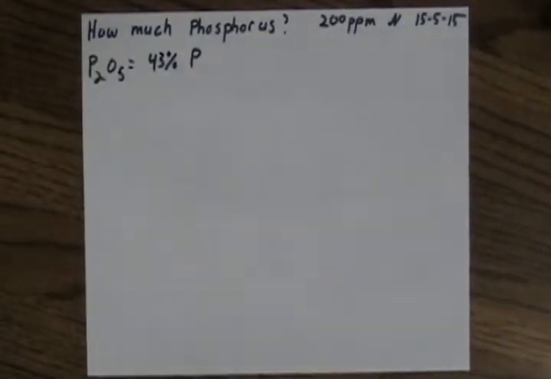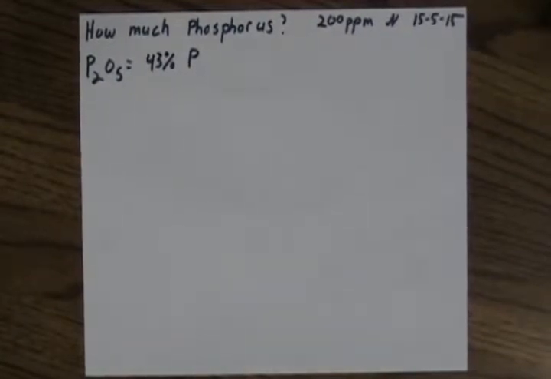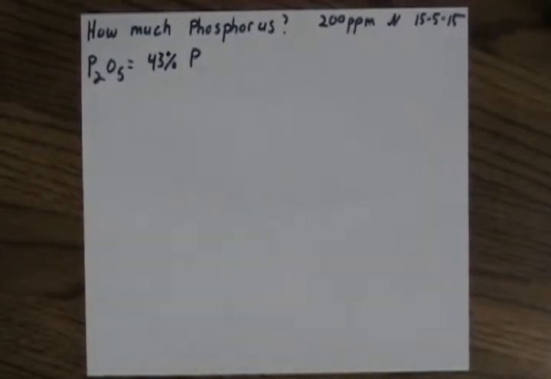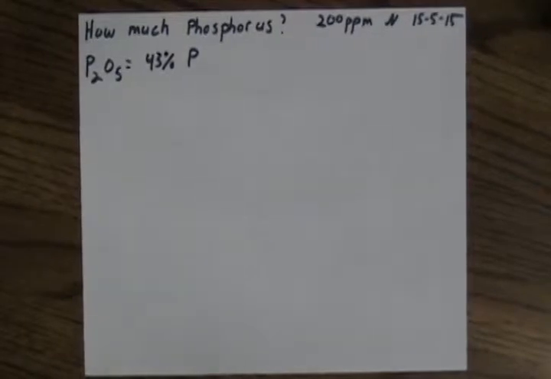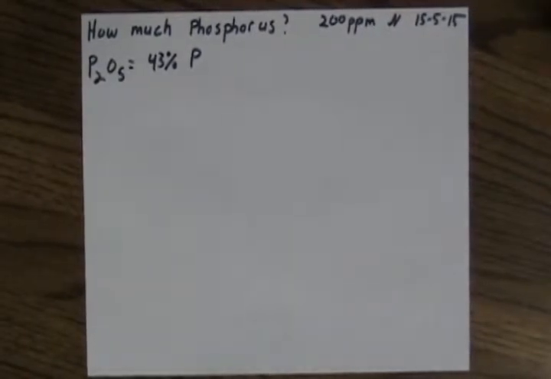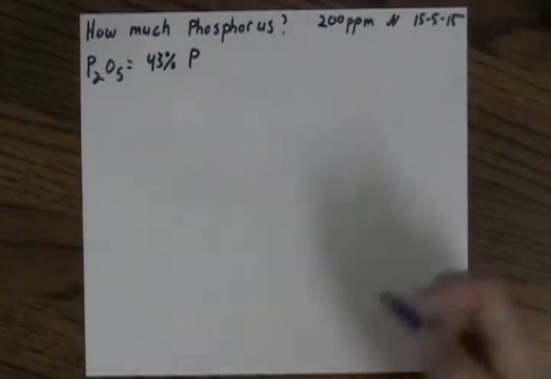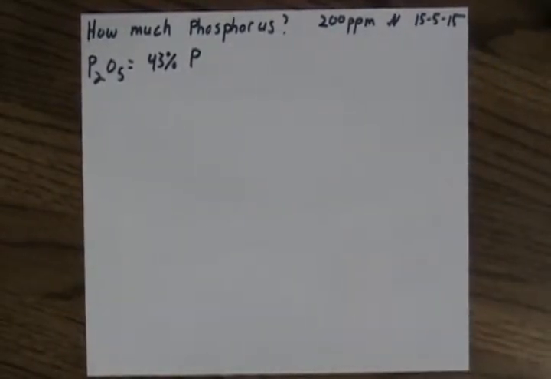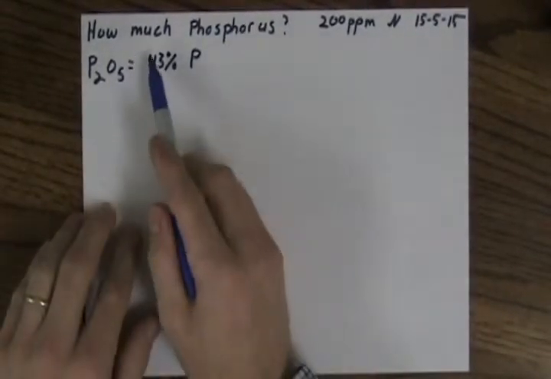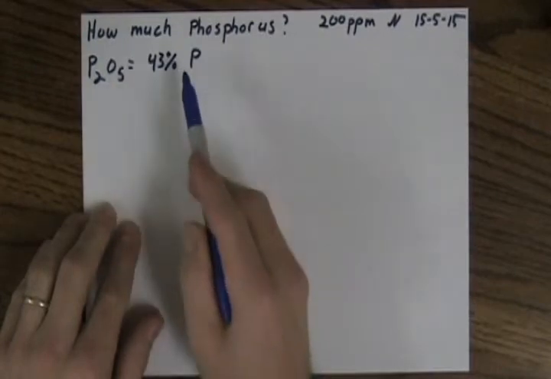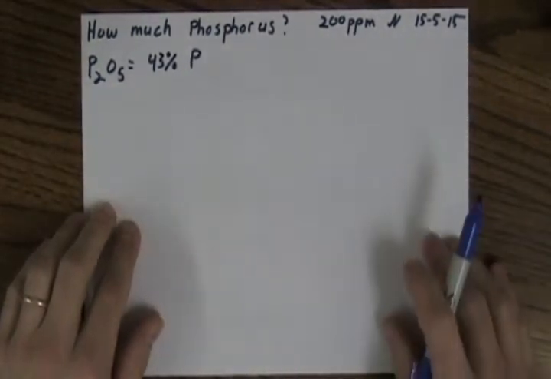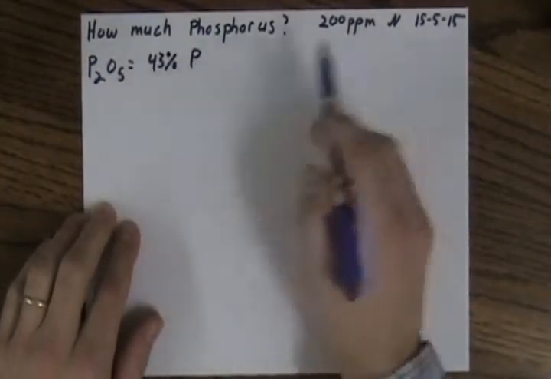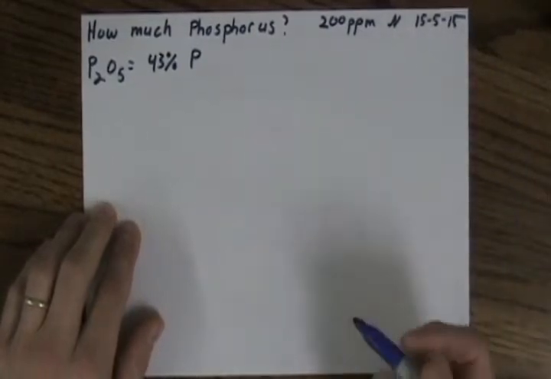Now, using that same solution that we mixed up to give us 200 parts per million nitrogen from a 15-5-15, we want to know how much phosphorus in parts per million is applied in that solution. We know that in the 15-5-15, 5% of that fertilizer is P2O5, and 43% of the P2O5 is actual phosphorus. So we need to figure out how much actual phosphorus is in that 5%.